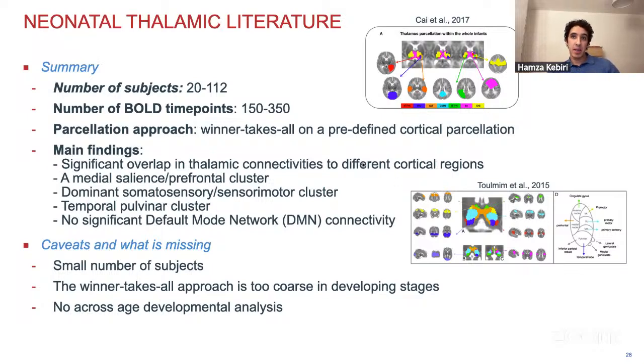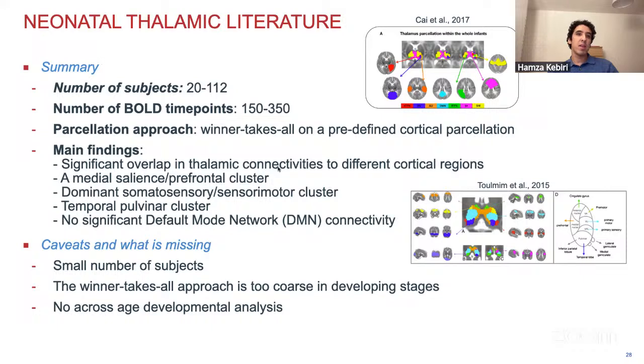All of them use this winner takes all, meaning that they see which voxel or which brain region connects most with this voxel, and then they neglect all the other regions in a way. There are many concordant findings.